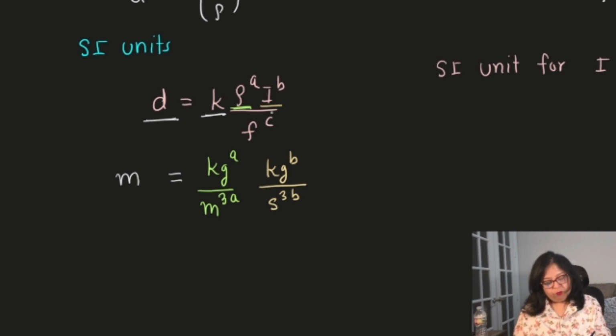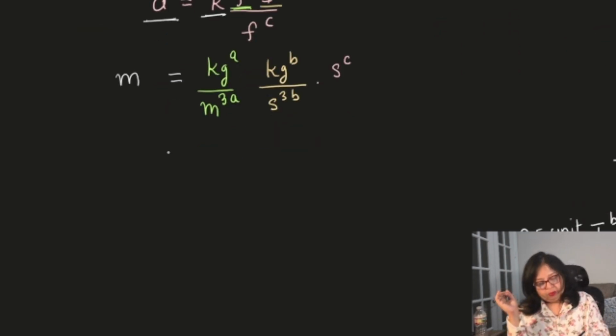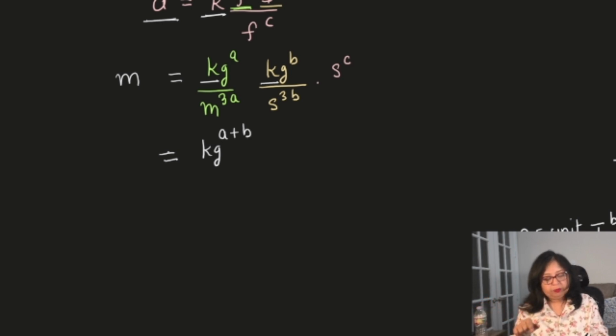Lastly, I have 1 over F to the power C, and its SI units are S to the power C. Combining them, what does this give you? Kilograms times kilograms. Base is same, add the powers, becomes kilograms to the power A plus B. Then I have this meter to the power 3A, it comes up and becomes meters to the power minus 3A. Similarly, the seconds to the power 3B comes up and becomes seconds to the power minus 3B and combines with the seconds to the power C. So this becomes seconds to the power C minus 3B.